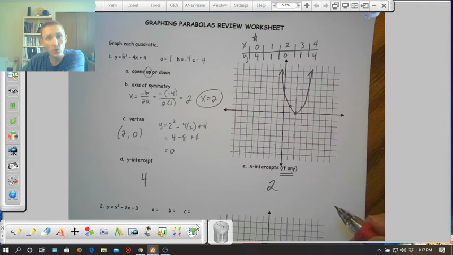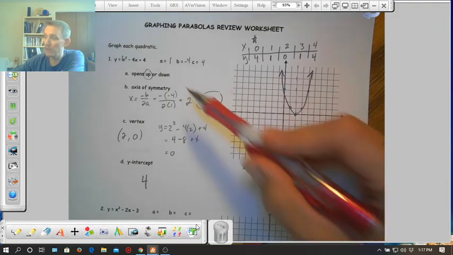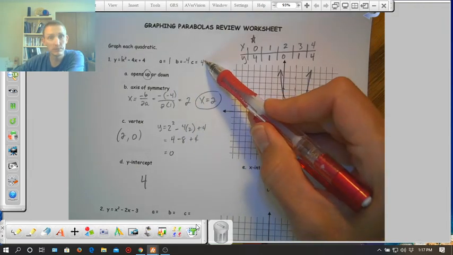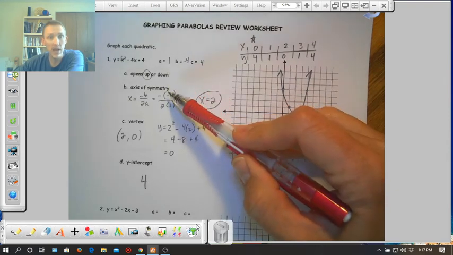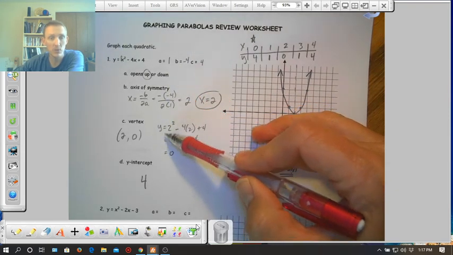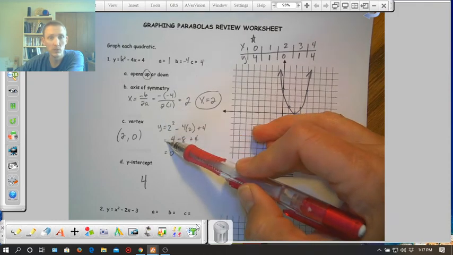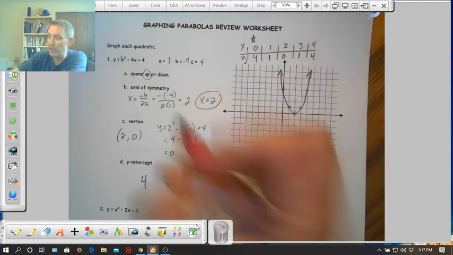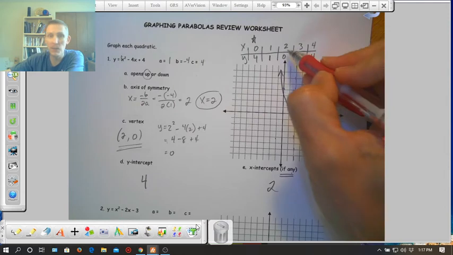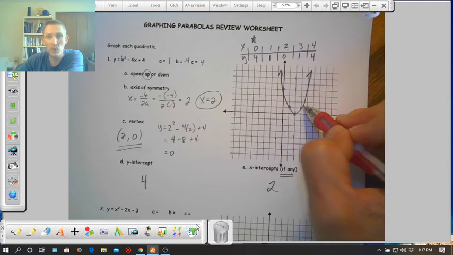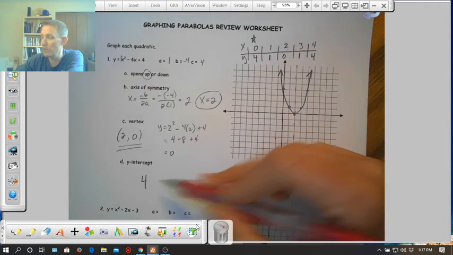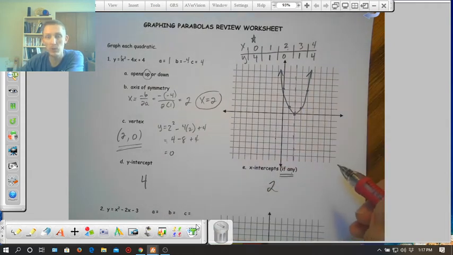So in review, for our review worksheet, I have to find my a, b, and c. I have to decide if it's up or down. I have to find the axis of symmetry and the vertex, and those two things work together. Once I know the vertex, I plug that into my table, I find the rest of the table, graph the parabola, and then decide what the x and y intercepts are.